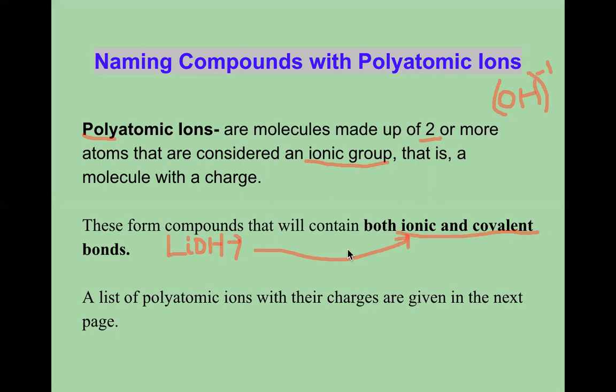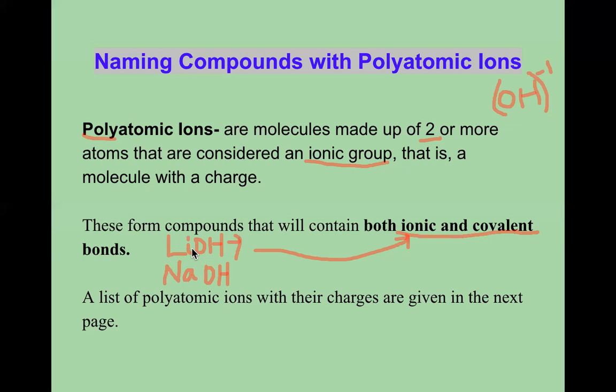And during our practice, I gave one more example, I hope you remember, NaOH. And you answered that they have both ionic and covalent bonds. So the polyatomic compounds will contain both ionic and covalent bonds.